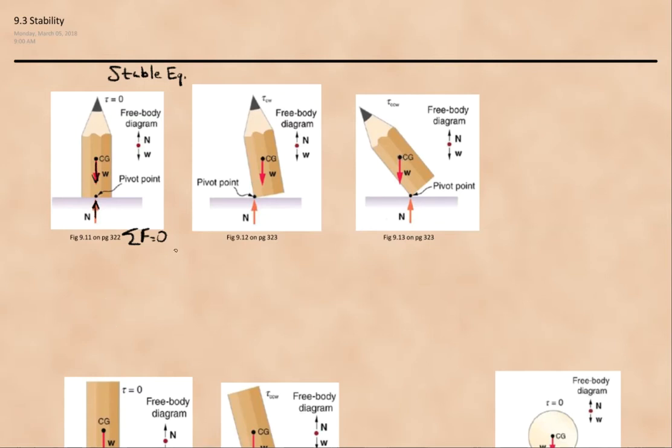Another way to illustrate this is with a ball sitting on different surfaces. In the case of stable equilibrium, we have a ball sitting in a well. Now, if we take that ball and we displace it away from equilibrium, and then we release it, it returns to its equilibrium position.